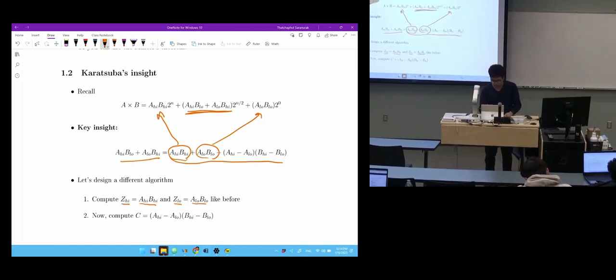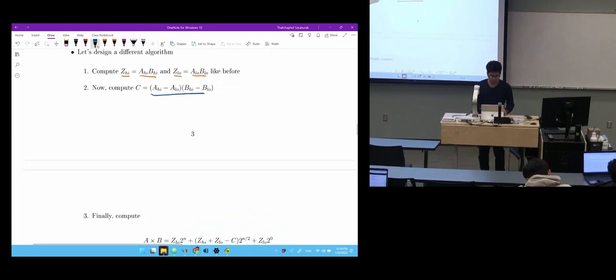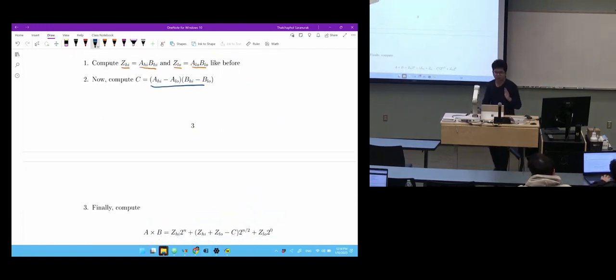And then you compute this c, which is this term. So that's just 3 multiplications of numbers of length n over 2, right? And now, just from these 3 multiplications is enough to give you a times b.